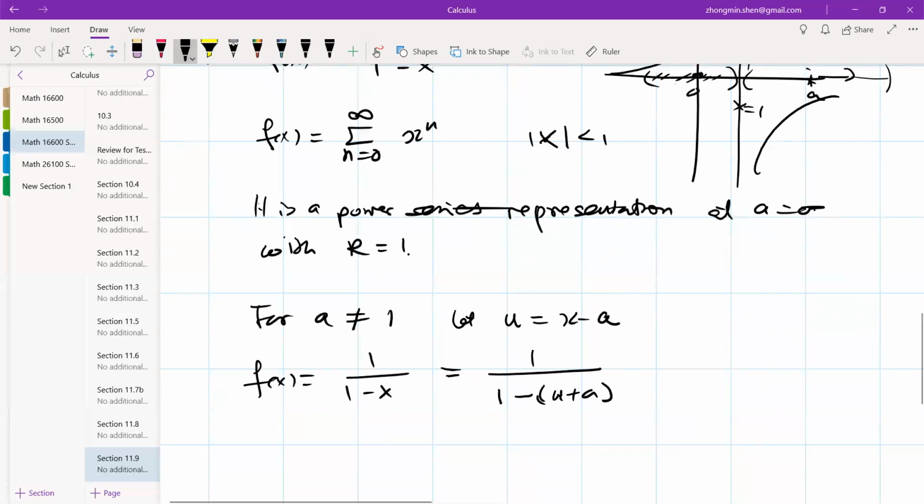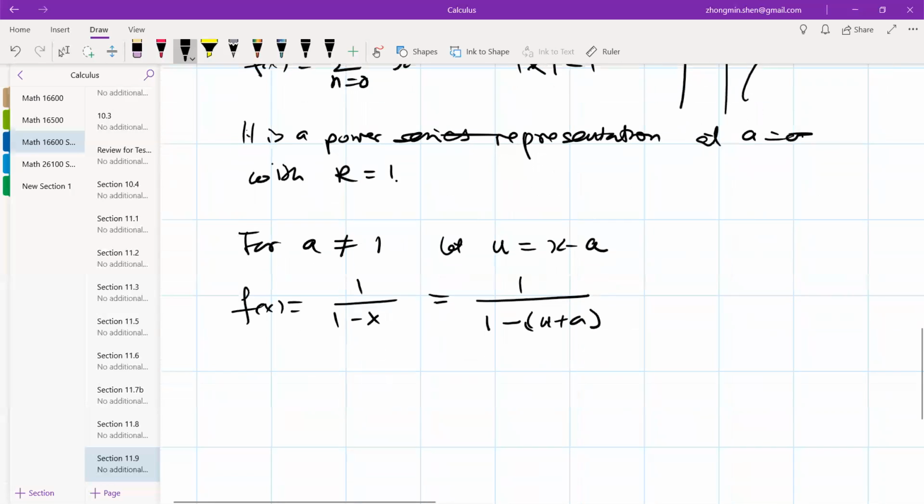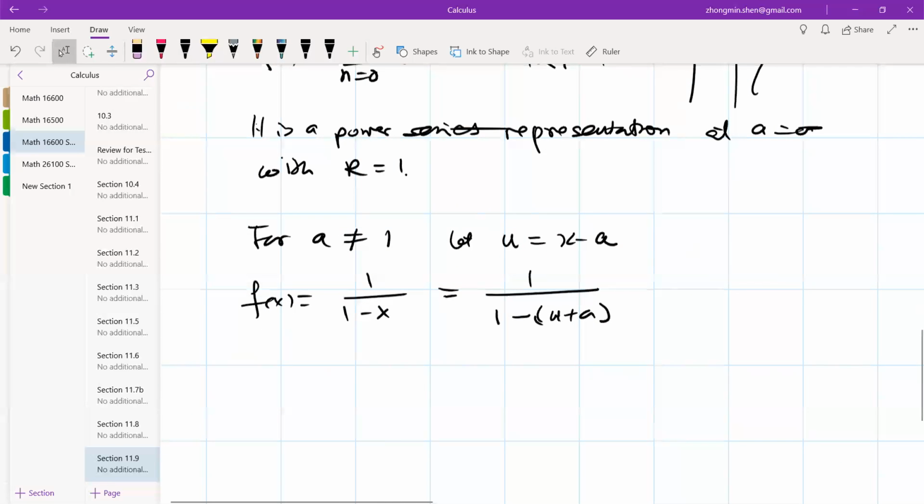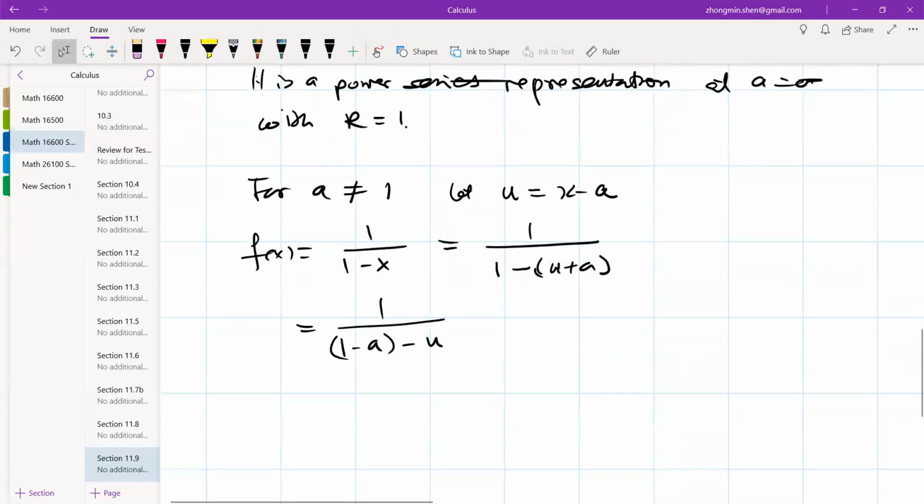So this is going to be 1 minus a minus u. Now a is a constant, so I'm going to take a factor out. This is a very useful technique. So I take 1 minus a out, and what you get is 1 over 1 minus a times 1 over 1 minus u over 1 minus a.